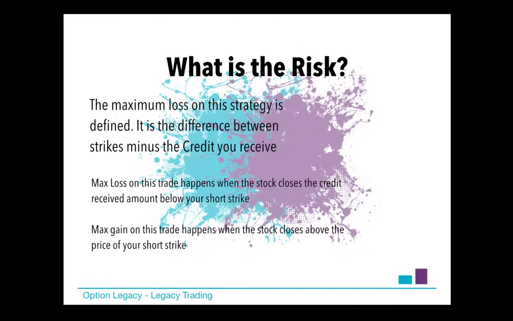So what's the risk? The maximum loss on this strategy is defined. It's absolutely defined, so from the time you open it to the time you exit it, you know exactly what your max loss is. It's the difference between the strikes minus the credit that you received. Max loss in this trade happens when the stock closes below your short strike, less the credit received.